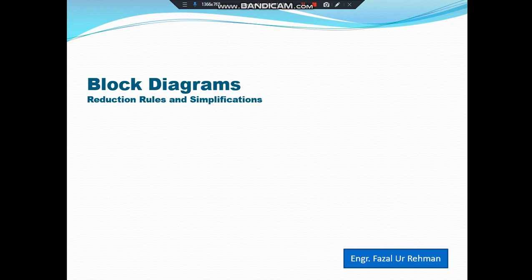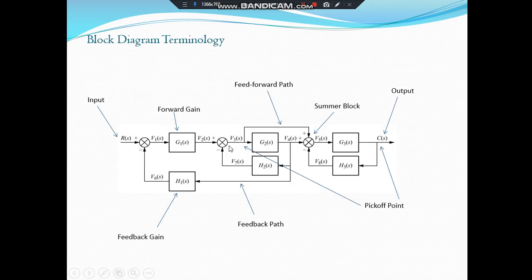Similarly, block diagram algebra will be used to reduce block diagrams, and we use Mason's rule to reduce signal flow graphs. In today's lecture we will study how to reduce multiple subsystems block diagram into a single transfer function. We will start from this slide.